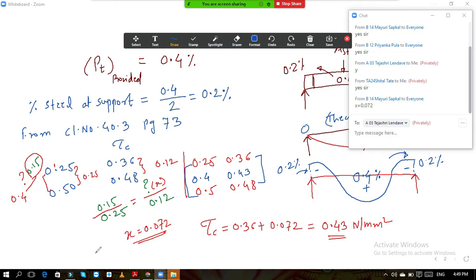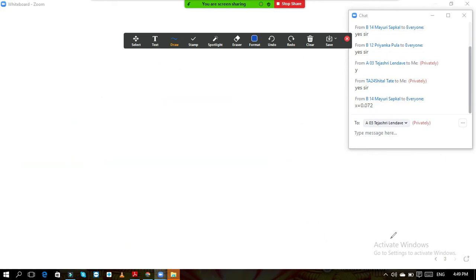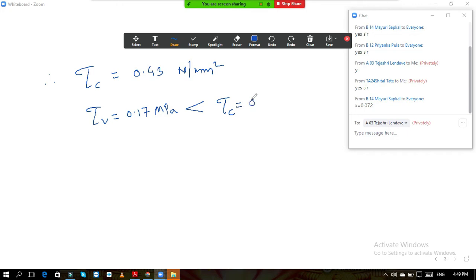So this is how we will find out the value of tau c. I will write on the next page directly. So therefore tau c is equal to 0.43 Newton per mm square. So now our tau v, which is equal to 0.17 Newton per mm square, means MPa, is less than tau c, which is equal to 0.43 MPa.